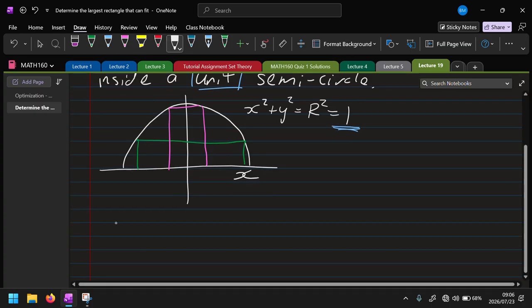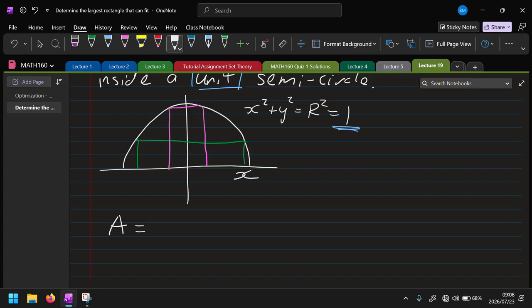So the area, right? Maximize the area, we get the biggest rectangle. It's just going to be based on height. So let's say that the height is y. If I chose this as x, on the opposite side, this will be minus x. So this whole base will be 2x.